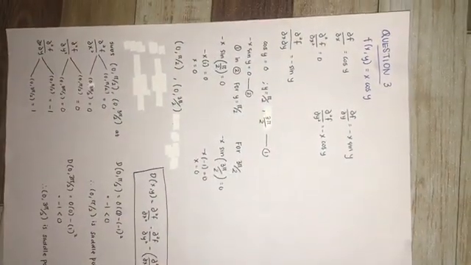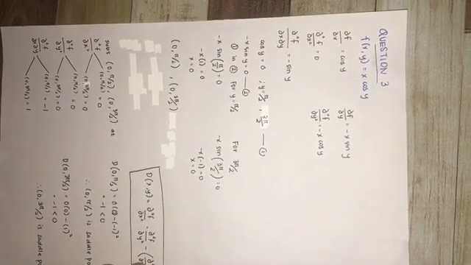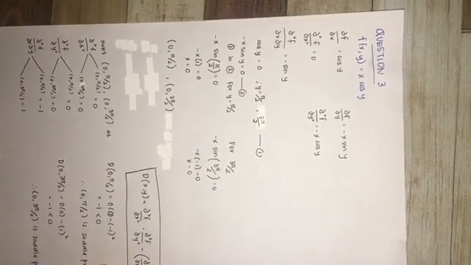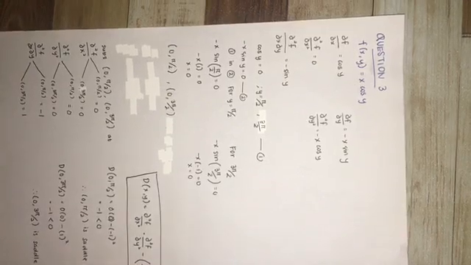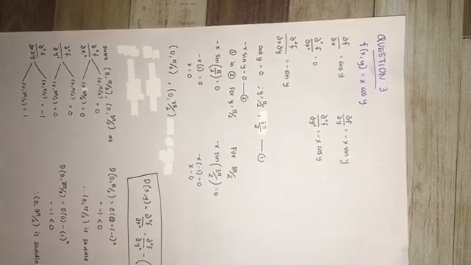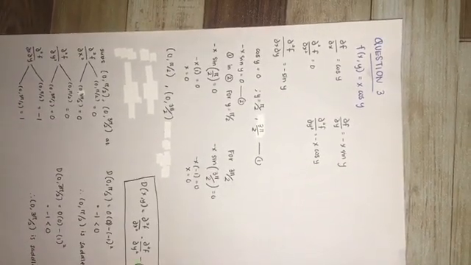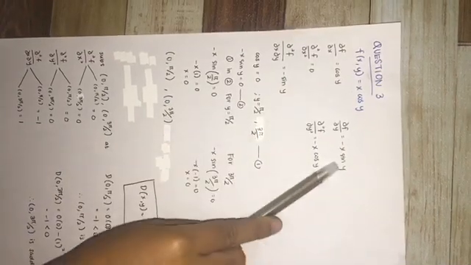For question 3, we need to determine the local minimum, local maximum, or saddle points for the function x cos y. Using unconstrained optimization, we need to find the first order partial derivative with respect to x and y.